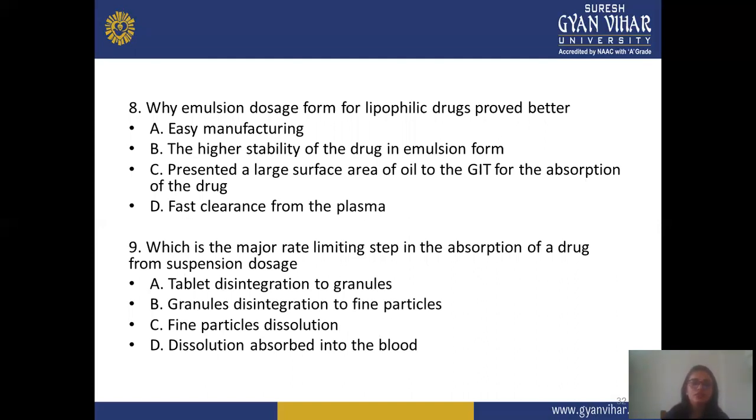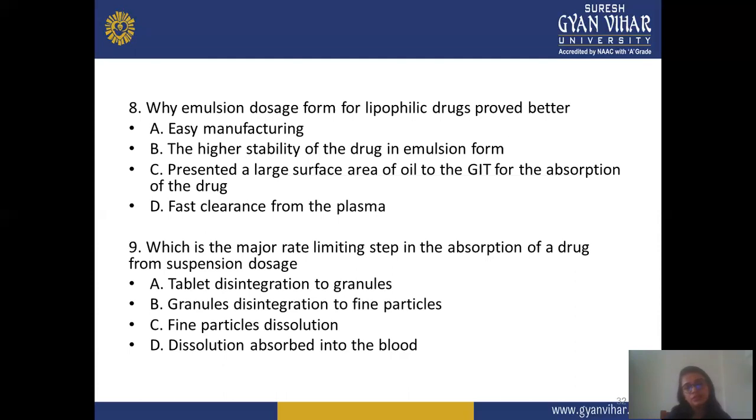Next, ninth question: which is the major rate-limiting step in absorption of the drug from a suspension dosage form? First is tablet disintegration to granules, meaning tablets converted into small particles or granules. B is granule disintegration to fine particles, meaning granules converted into finer, smaller particles.